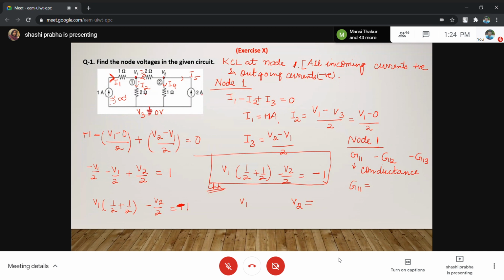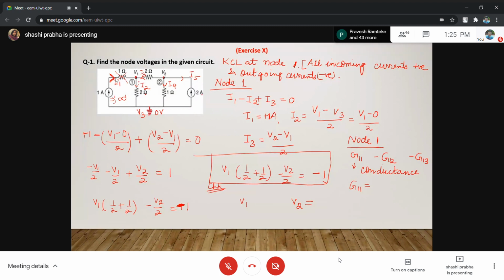So what is the resistance of this branch? Don't you find the resistance of this branch is infinity plus 1? So infinity plus 1 remains infinity. That means there is no significance of this resistance.